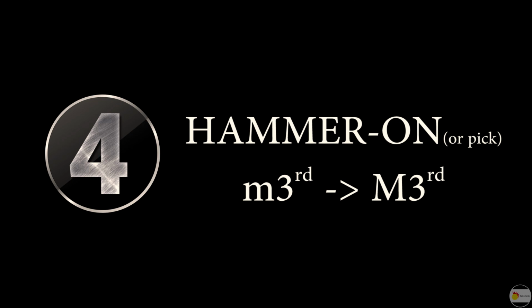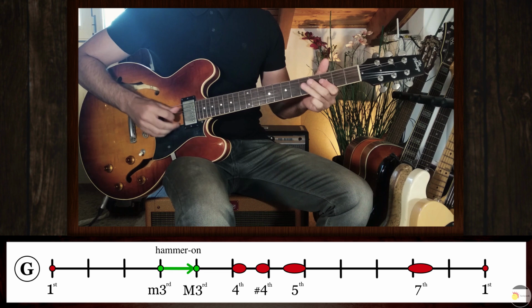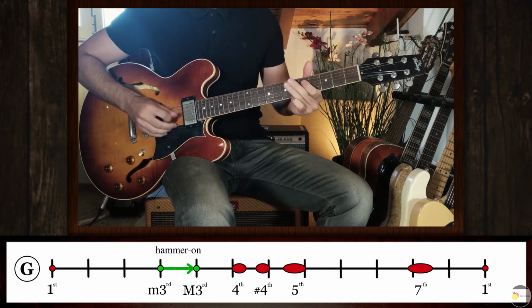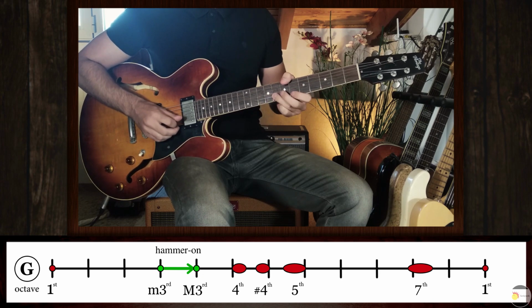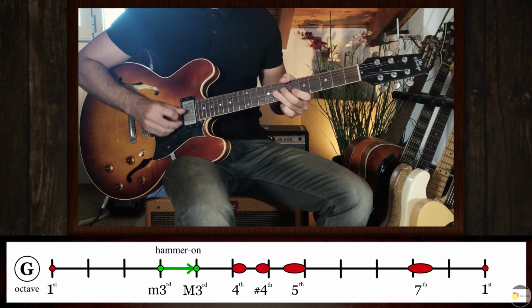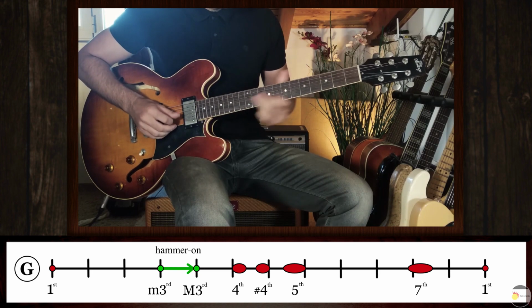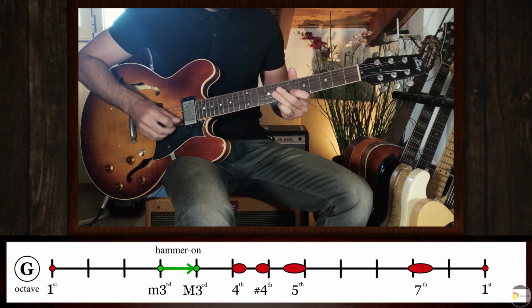Hammer on from the minor third to the major third. This one is exactly the same as the previous one, except you pick every note or use a hammer-on instead of a slide.